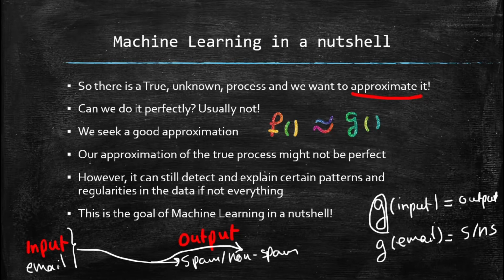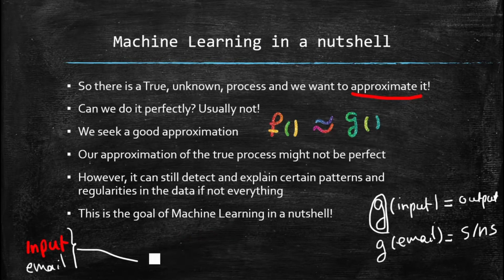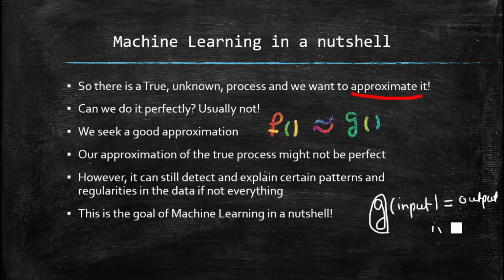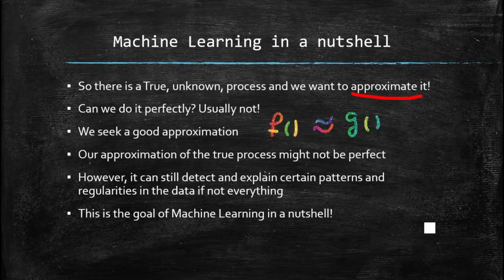Okay, so this whole thing is the goal of machine learning in a nutshell. The goal of machine learning is nothing but approximating the true function that maps the input to the correct output and nothing more. Okay?